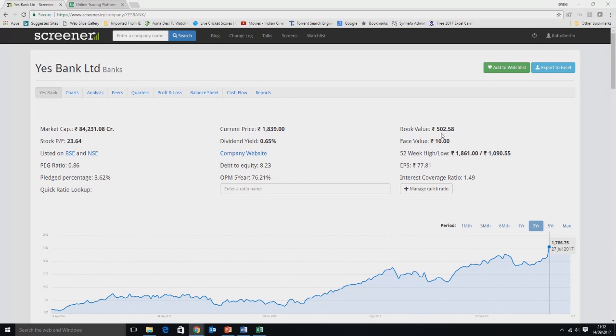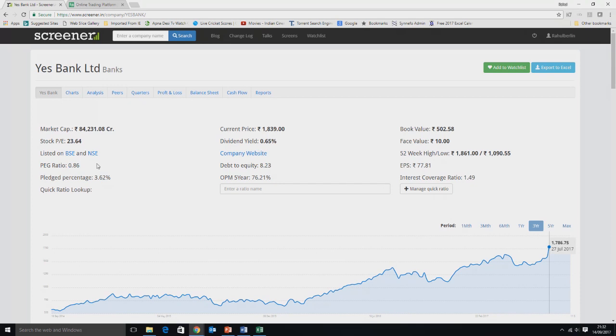So book value is 500, current price is 1839, very much okay. Stock P/E is say 24%. People are expecting 24% for it to grow. PEG ratio, it's a little bit on the higher side, right? 0.86.